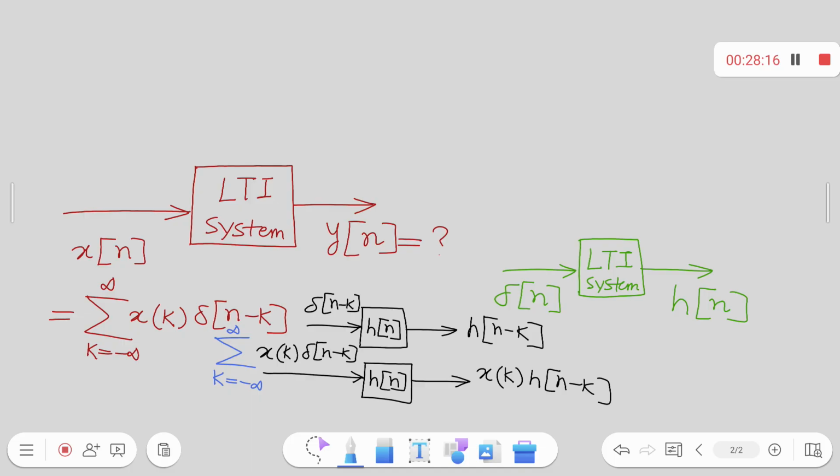Summation outside, k going from minus to plus infinity, and that is equal to y of n. Is it right? So for any arbitrary input x of n, if you know h of n, then it is easy for you to say what is y of n.